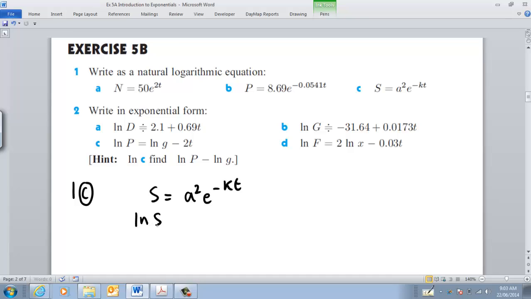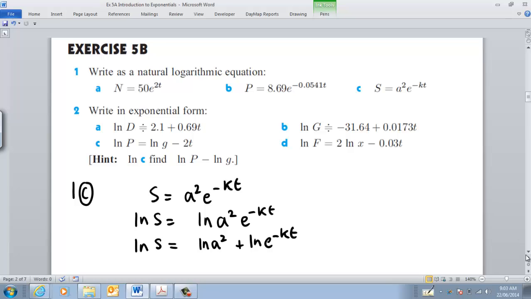So ln of s equals ln of a squared e to the minus kt. Now the laws basically allow you to break this into different things. So I could say that's equal to ln of a squared plus ln of e to the minus kt, and that's what my ln of s is equal to.